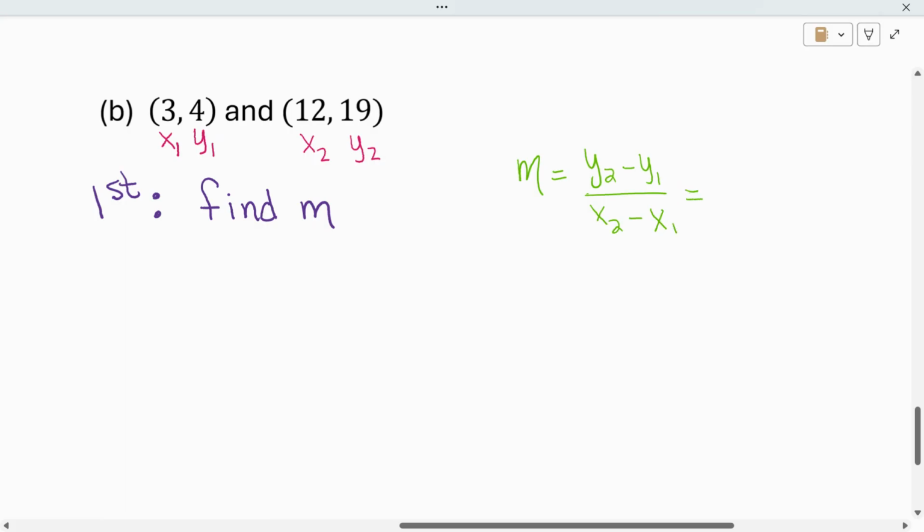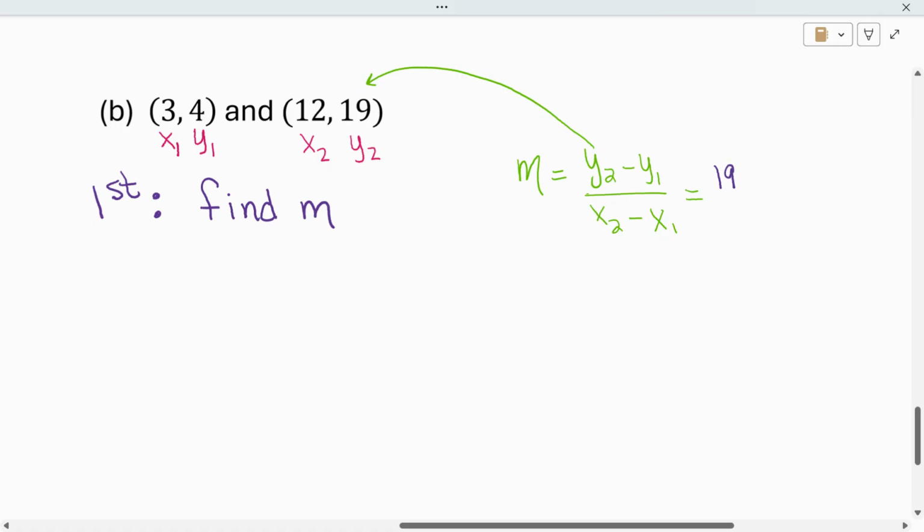All right. Yadri, I'm coming to you. What value represents y sub 2? What number represents y sub 2? Good job, 19.